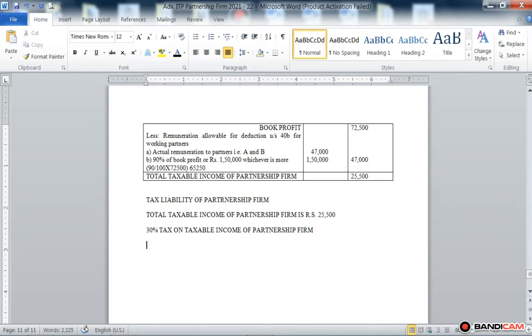So compute 30 divided by 100 multiplied by 25,500.